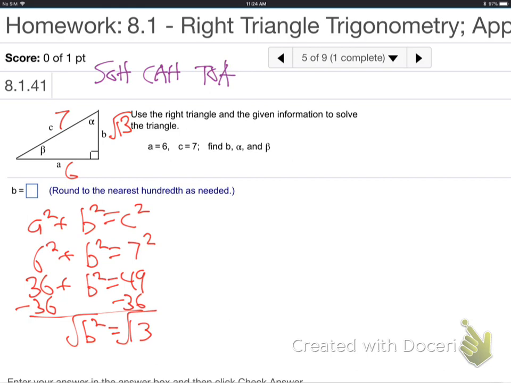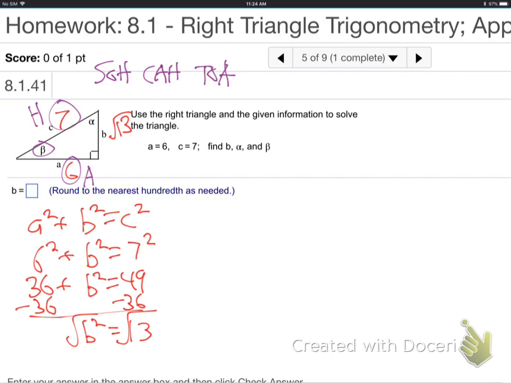Why don't I go for beta first off? You can start with alpha, doesn't matter. Let's start with beta, and I'll use the 6 and the 7. You could use the root 13, but I'll just use the 6 and 7. What trig relationship involves beta, the 6, and the 7? This is the hypotenuse. This is the adjacent side to beta.